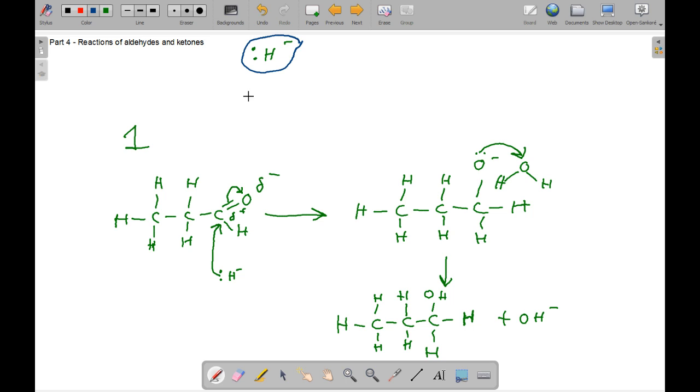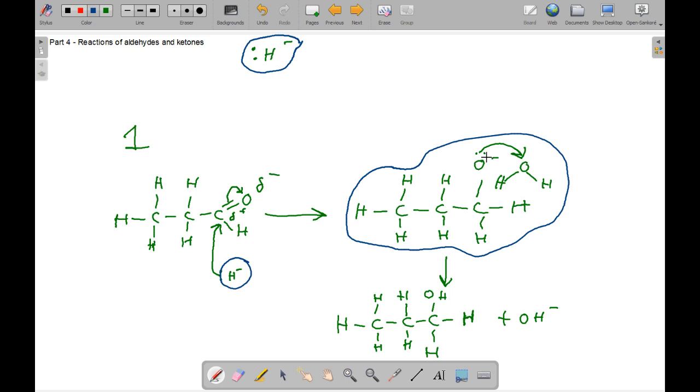Using hydride ions, or negative H minus ions with lone pairs, the hydride ion can attack the carbon atom and form a new bond, and the intermediate step is to form an oxygen with a lone pair and a negative charge, so it can bond with a water molecule, and then the organic product formed is an alcohol and an OH minus.